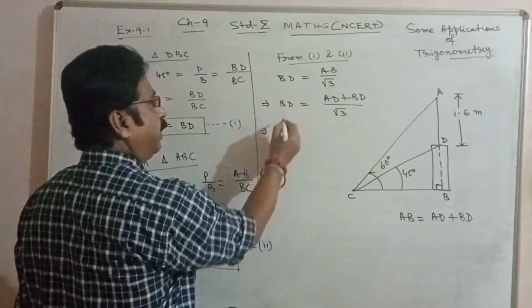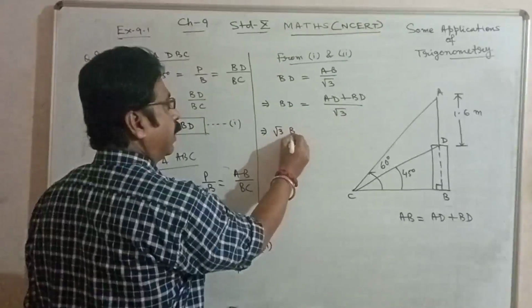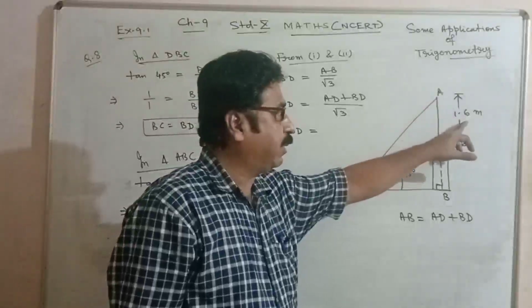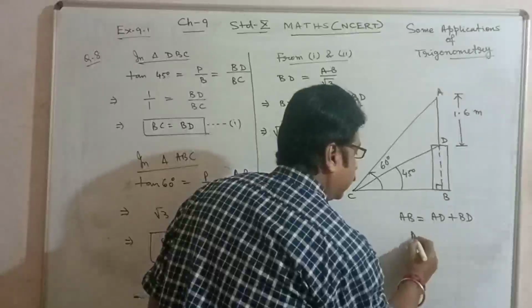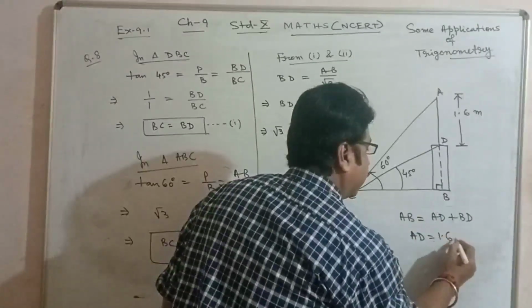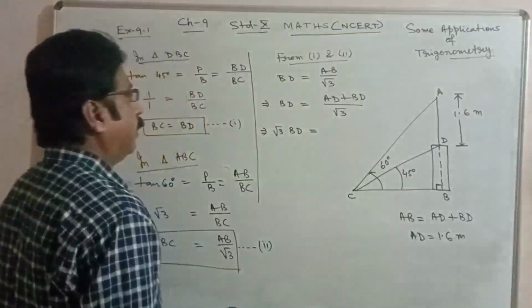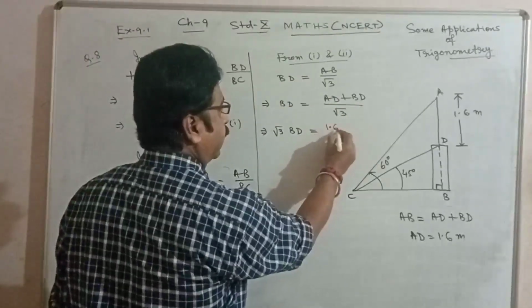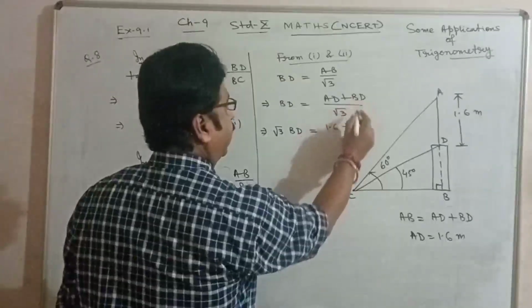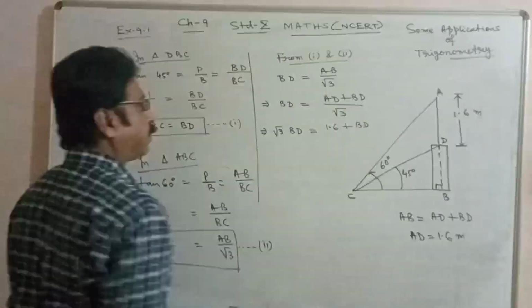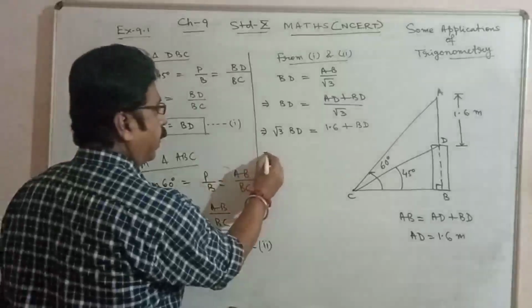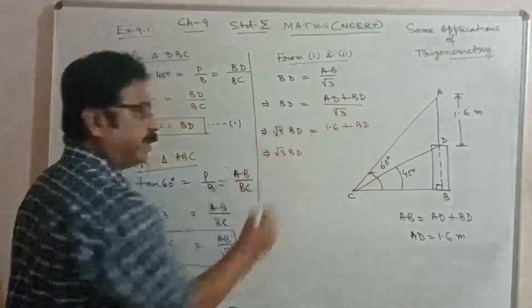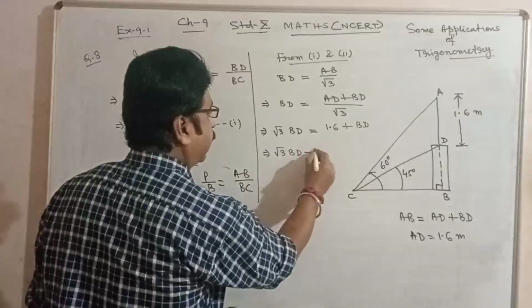We can write root 3 BD equals AD plus BD. AD is given 1.6 meter. So in place of AD we can write 1.6 plus BD. Now root 3 BD, this BD is coming from right side to left side, it will be minus BD.